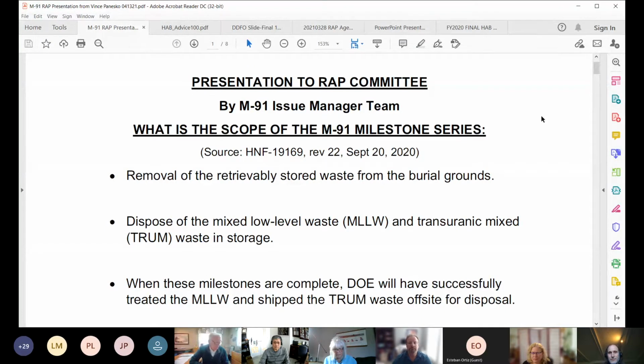Number two, again, this is HAB advice, we think that M91 is only the tip of the iceberg, and we want more global continuity. Meaning, how does M91 work with all the other milestones? I have to keep this brief because the 200 areas have been chopped up into OUs, different operating units, different burial grounds.